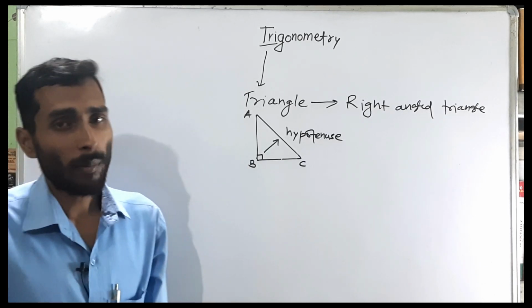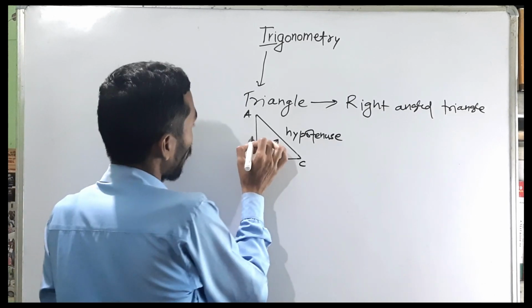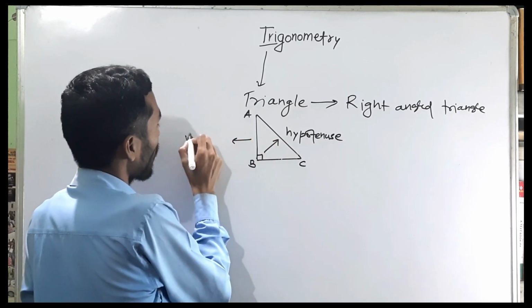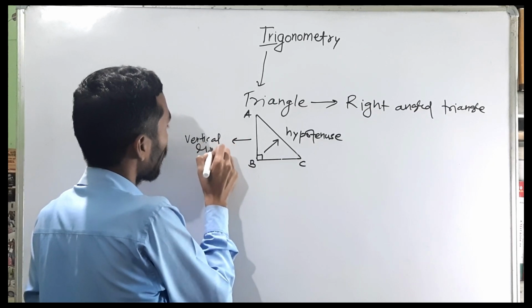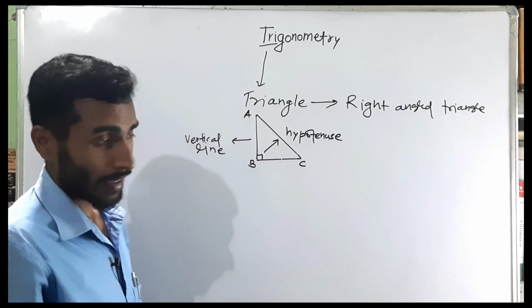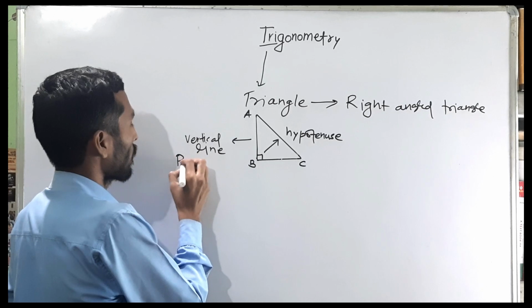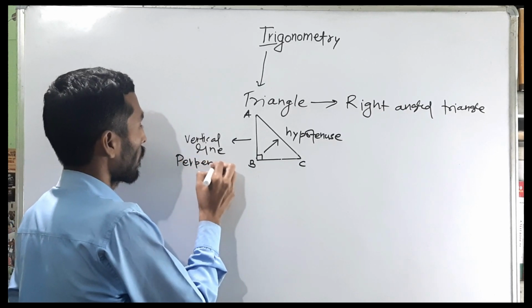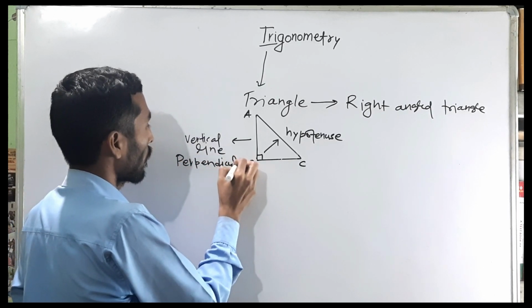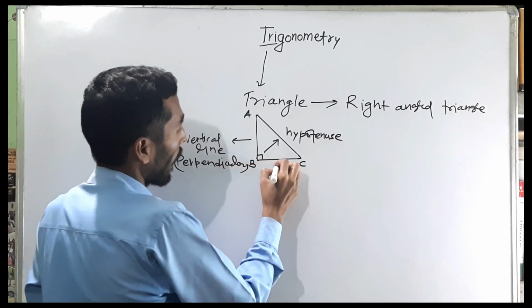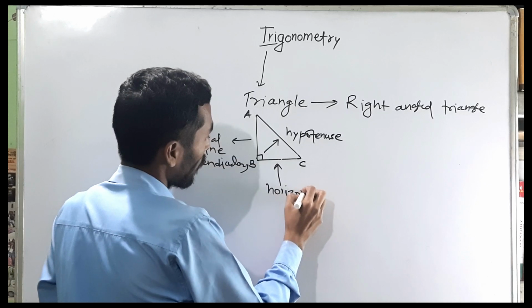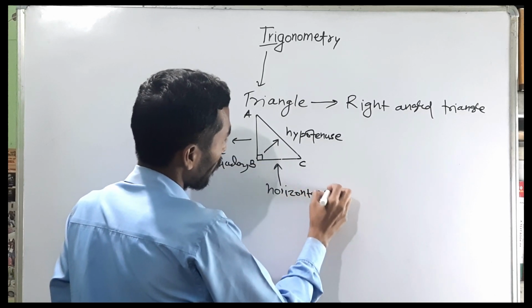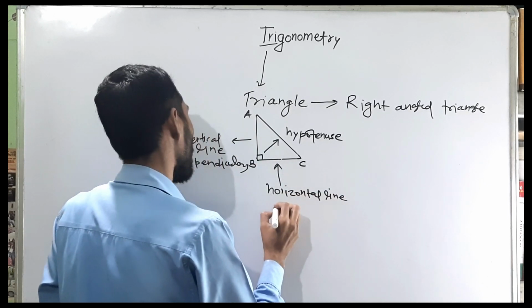And the common perception is that the vertical line, this is the vertical line, that is the perpendicular, and this is the horizontal line, that is the base.